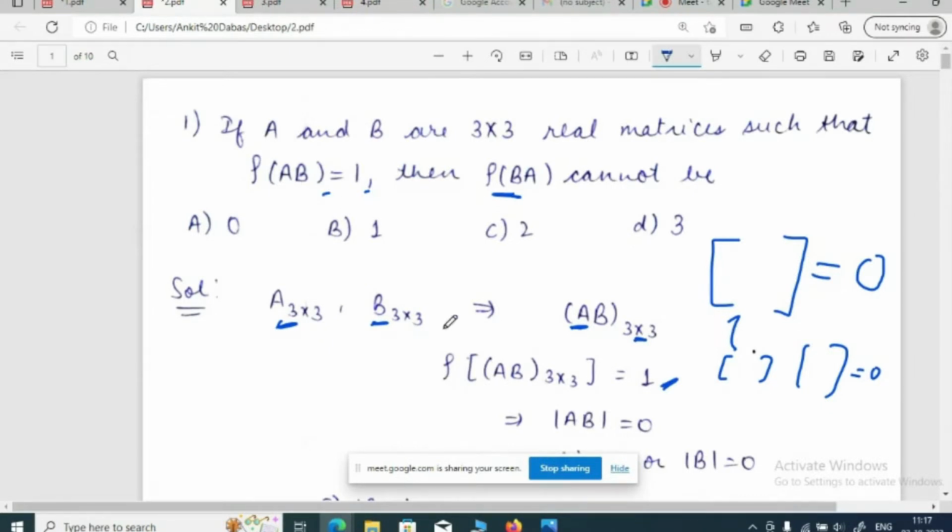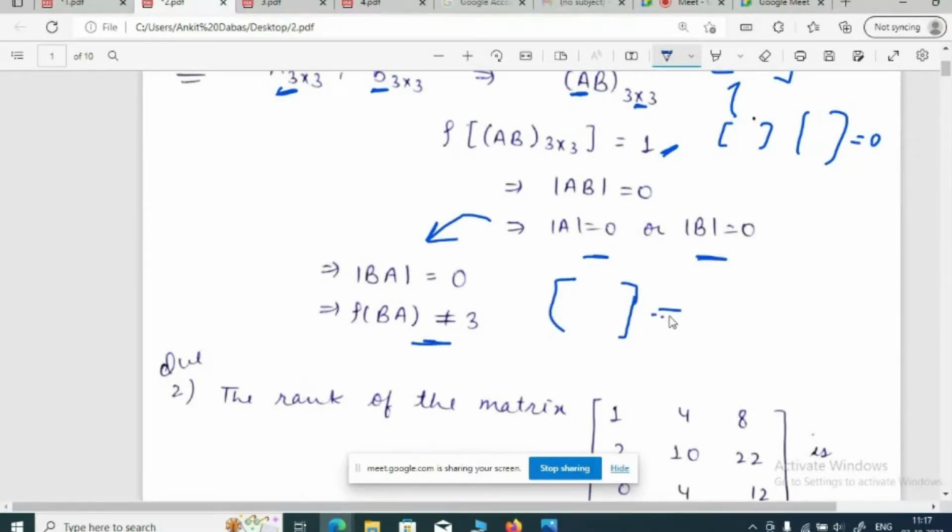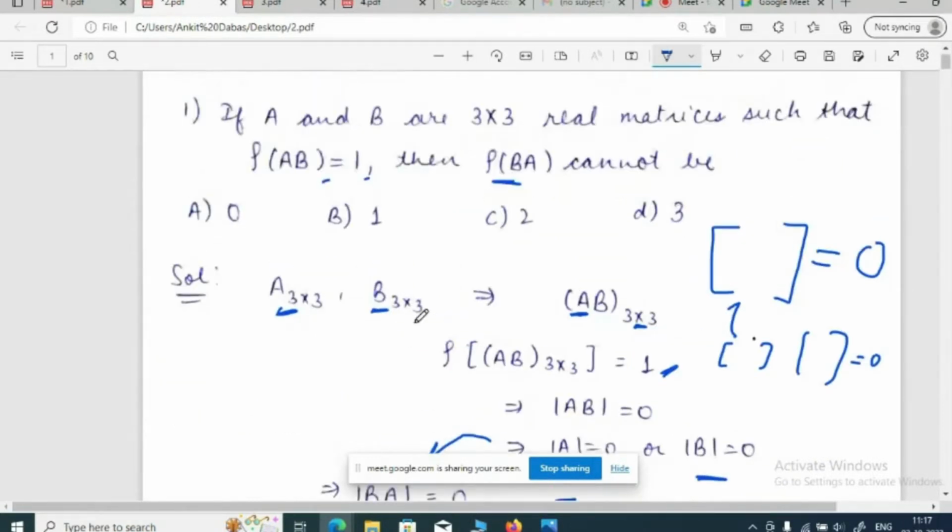If the determinant of AB is 0, this means the determinant of A is 0 or the determinant of B is 0. And this gives us that the determinant of BA will be 0, and hence the rank of BA cannot be equal to 3. Because if it were equal to 3, then the determinant should have been a non-zero number. So the correct option is option D.